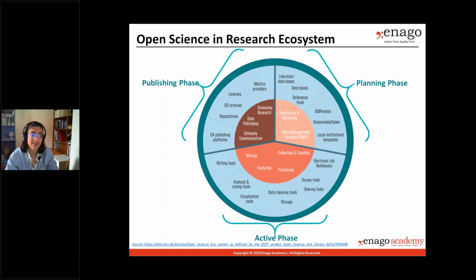So again, you have the open aspect in scholarly communication, in data publishing, and in assessing research with all the different parameters that we have been discussing in this presentation. So really, the ecosystem of research internationally is gradually transforming. So when we talk about open science, we're really talking about all these different tools that are available for all these different phases of a project and the integration thereof into the smooth day-to-day working life of a researcher.